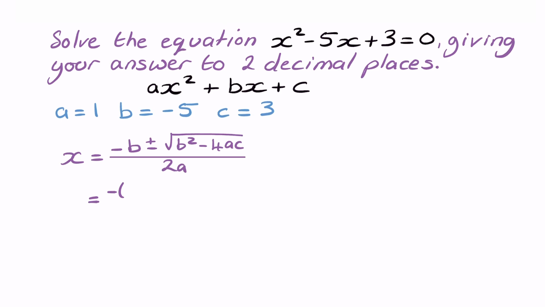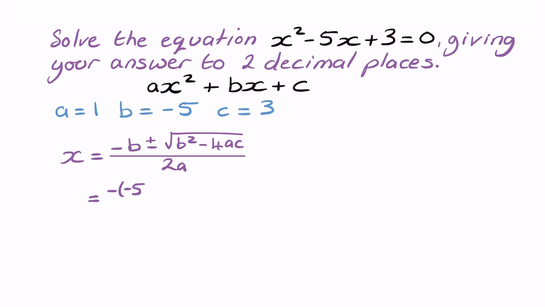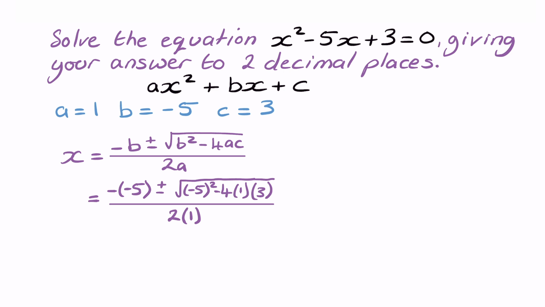We have minus b, so we put a bracket with -5, close our brackets, plus or minus the square root of b squared, so we pop a bracket there, that's -5, close your bracket, squared, minus 4 multiplied by a, which is 1, multiplied by c, which is 3, all over 2 bracket a, which is 1. Remember, wherever you've put a bracket, here, here and here, there is actually an invisible multiplication sign in between.